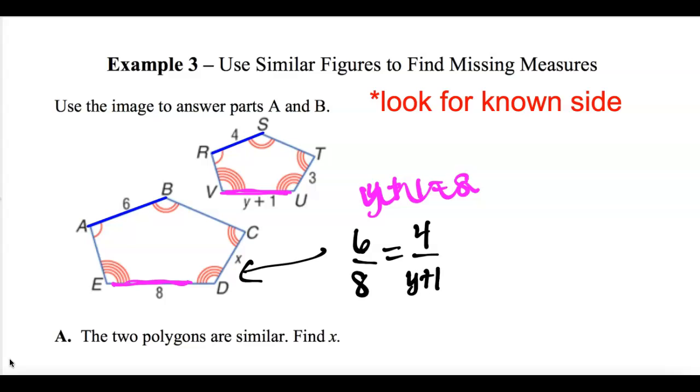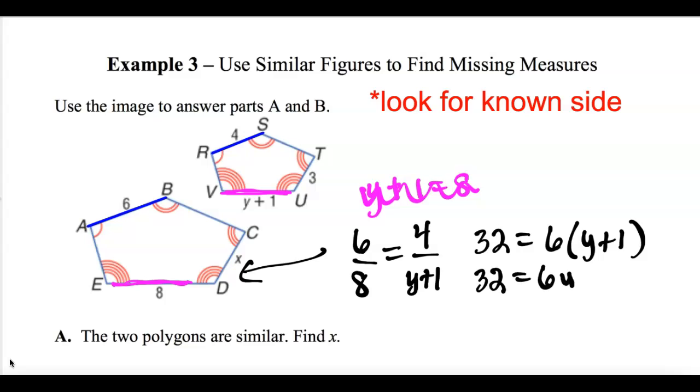This is why we practiced this last lesson. When we cross multiply here, we get 32 is equal to 6 times y plus 1. We use the distributive property. 32 is equal to 6y plus 6. We subtract 6 from both sides and we get 26 is equal to 6y. Divide both sides by 6 and we get 4 1/3 is equal to y.